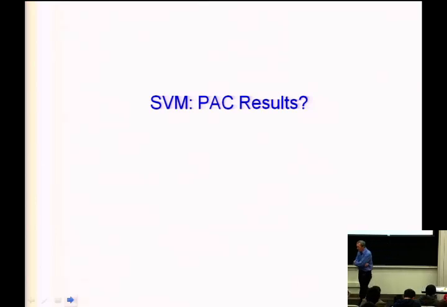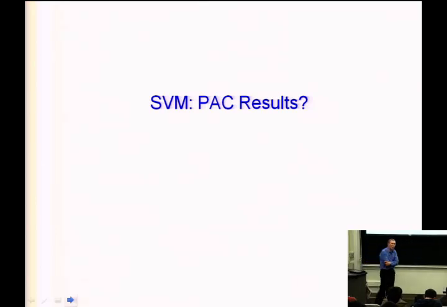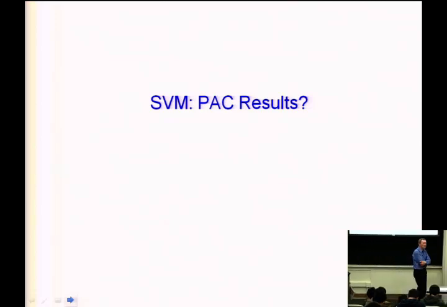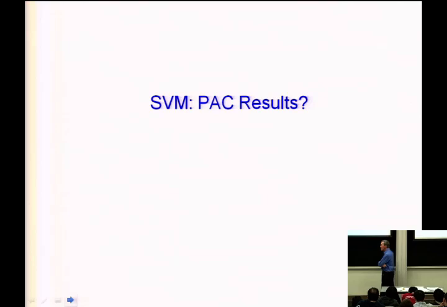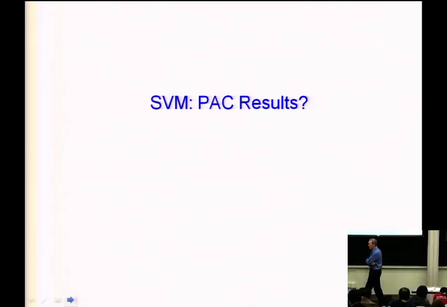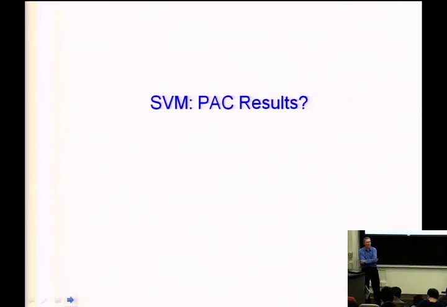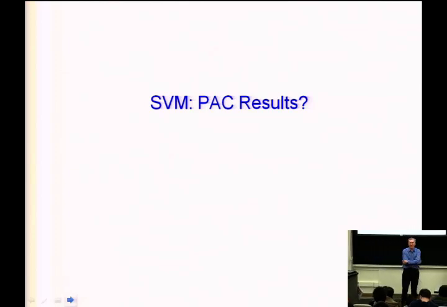And now I ask you, how many training examples would I need in order to, with probability 0.9, have a classifier whose error was no worse than 5%, provided I could label all the training examples correctly with my support vector machine? What would you say?